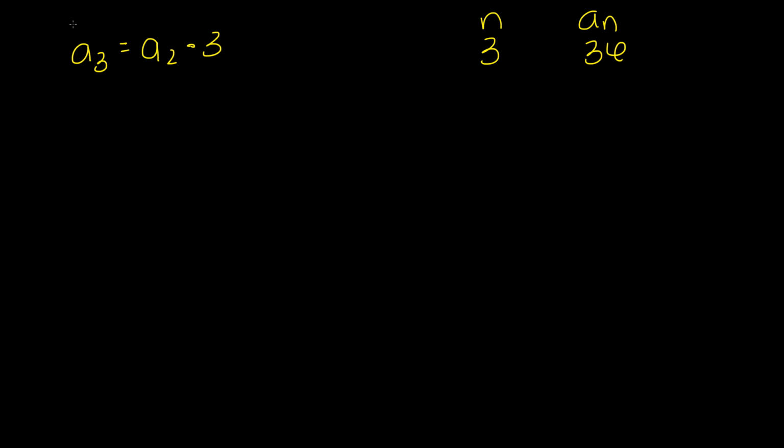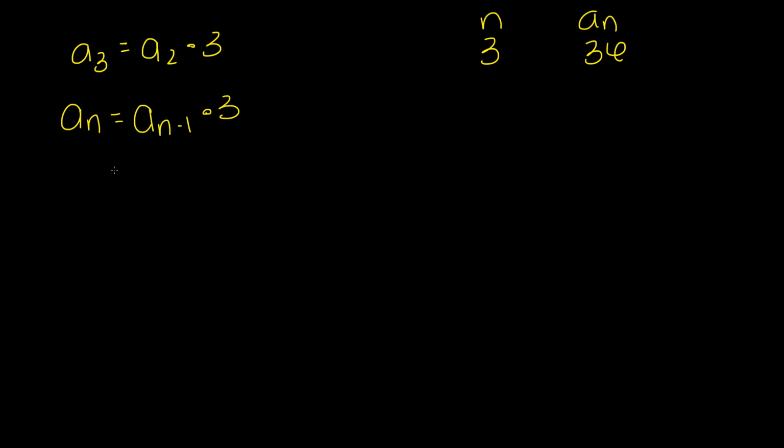So if n is 3, we subtract 1 to get 2. So a sub n is equal to a sub n minus 1 times 3. The way we get the 2 here is we subtract the 1.